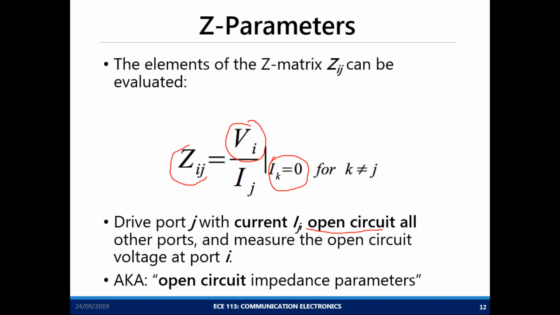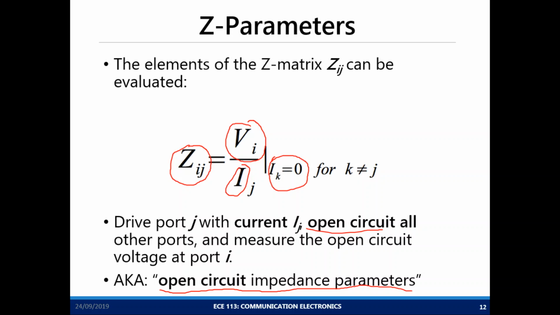You'll be able to measure the different parameters Z_ij. We also call these the open circuit impedance parameters, since all the other ports are terminated by open circuits to force the current to be 0 on all the other ports, and then you drive port J by a current I.